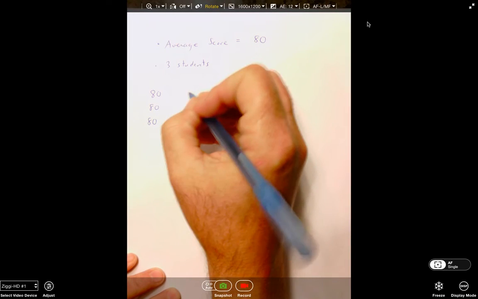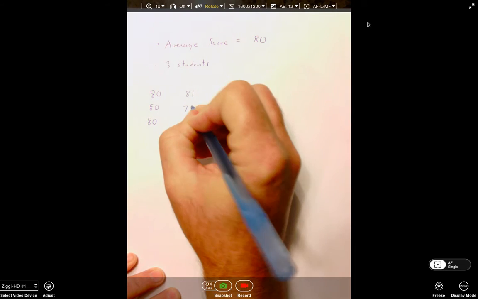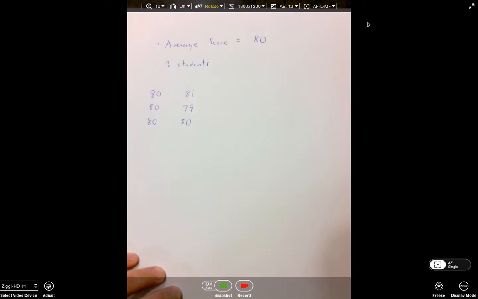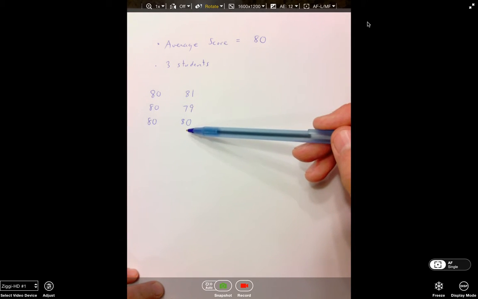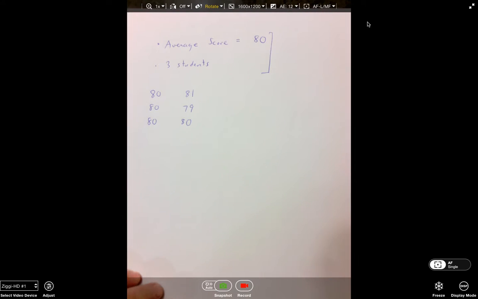Well, that doesn't necessarily have to be true either. This is a horrible example, but actually in that situation someone would have had to score an 80. But you can imagine a situation where one of the scores doesn't have to be 80. So guys, putting these two things together, what do you know for sure? If you have an average score of 80 for 3 students, what do you know for sure?